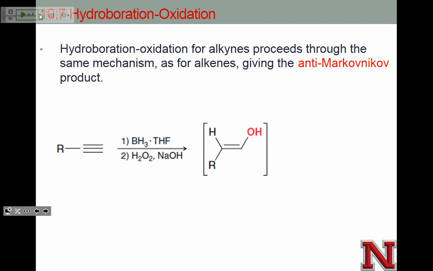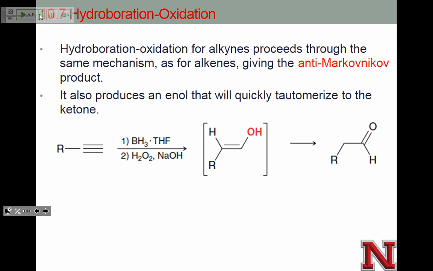Now, in this case, I'm just going to show you this. Notice BH3·THF, H2O, peroxide, sodium hydroxide. What's that? Our anti-Markovnikov addition. So here, if we have a terminal alkyne, we're going to get the alcohol form anti-Markovnikov. Notice we still have an enol. So what do you think is going to happen?